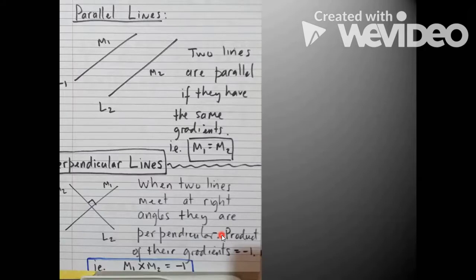All right? So M1 times M2 will give you -1. So you might say, sir, what if you multiply the two gradients and you don't get -1? Suppose you get -5 or -4. Well, they're not perpendicular, but they intersect each other. So you could say they're neither parallel nor perpendicular.